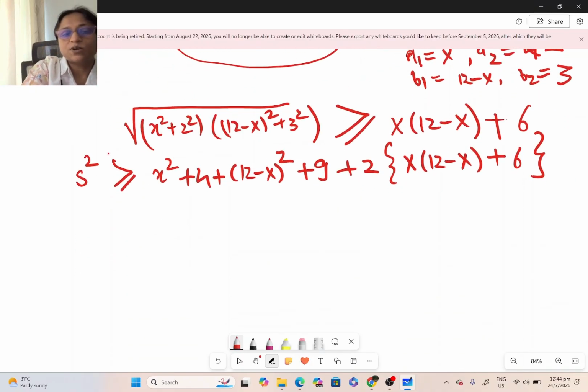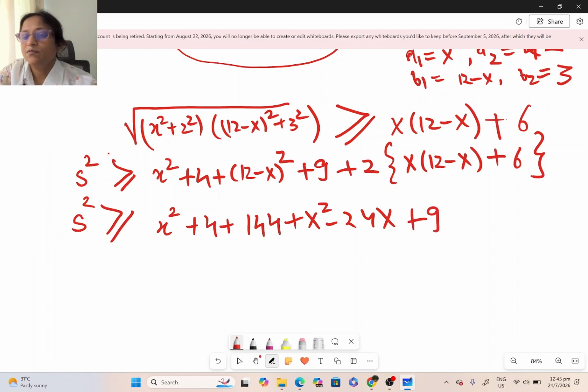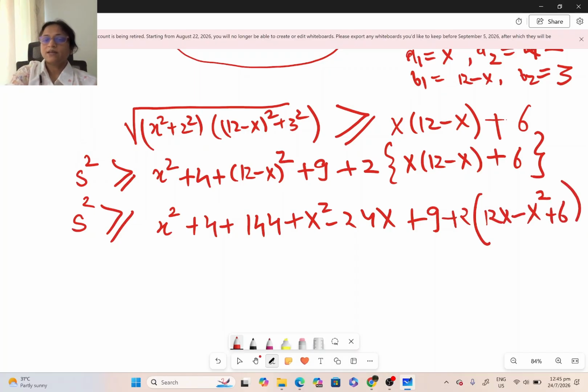All right. Now let's simplify. So S², just expand the terms and nothing else now. So x² + 4, apply (a − b)² here, 144 + x² − 24x + 9. Simplify this inside. Plus 2 times (12x − x² + 6). So now see, it should always be greater than... I'm counting these 2x². Then what do we have?